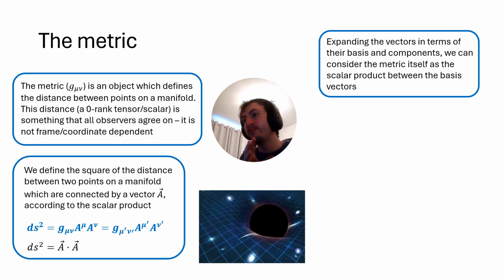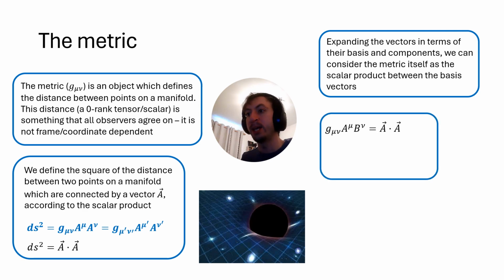Now, the components of the metric tensor depend on the coordinate system used, but the length of A, and therefore the scalar product, is a coordinate independent thing.